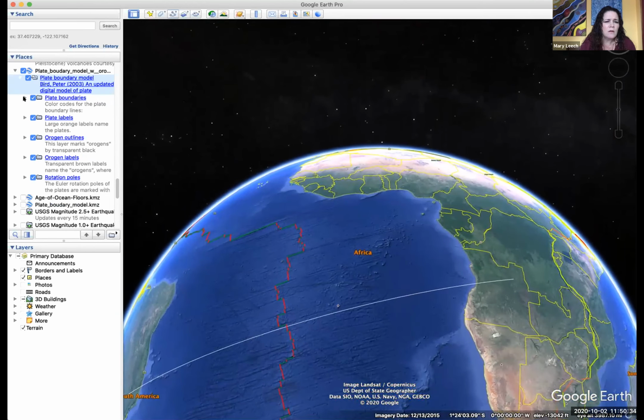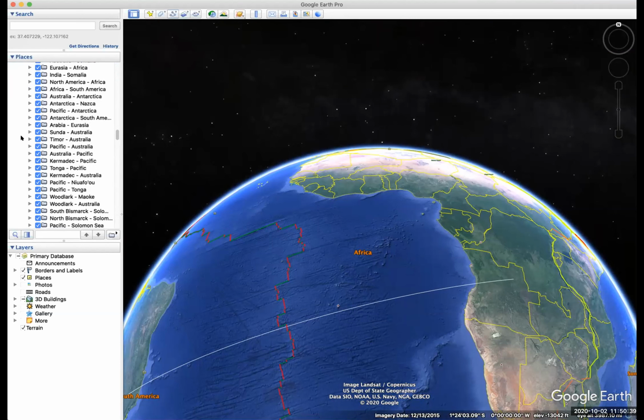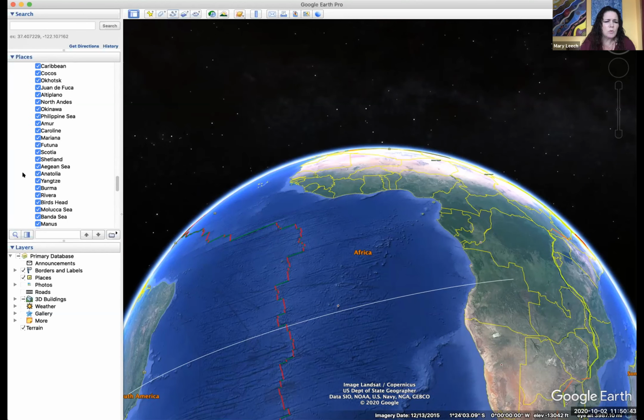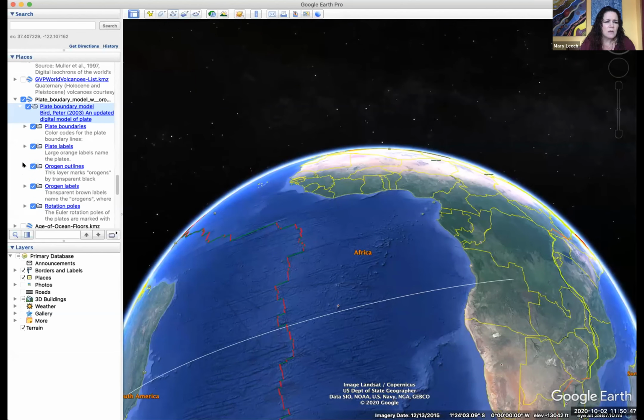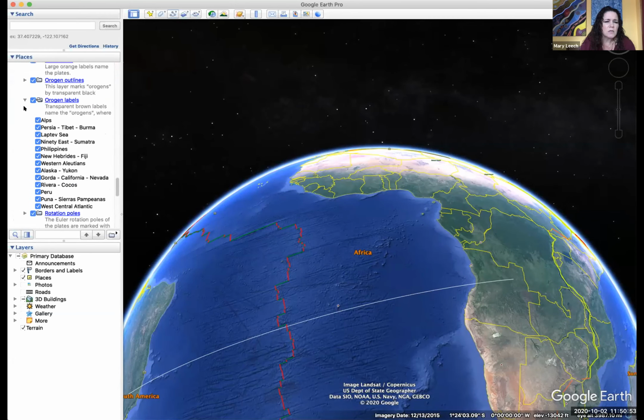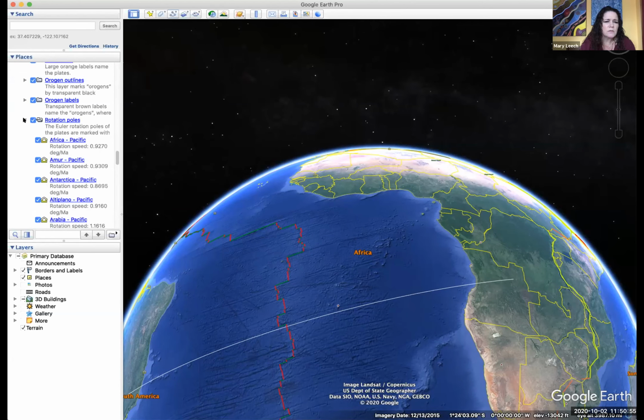Okay, wait. Maybe we're getting there. Okay, so this is plate boundaries. This is plate labels. Origin outlines, that's all turned on.